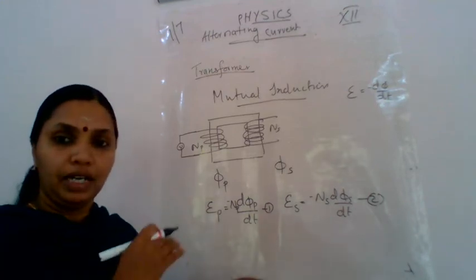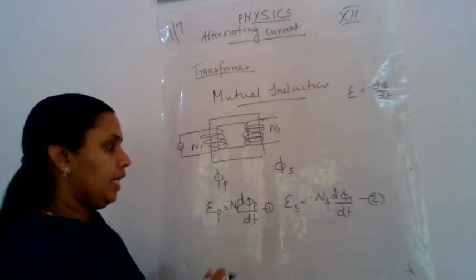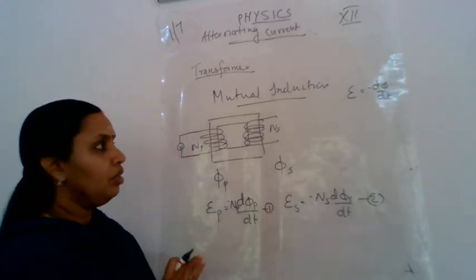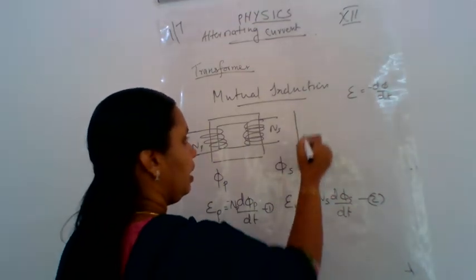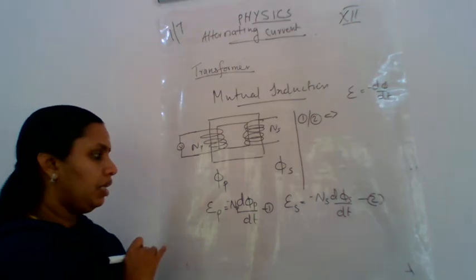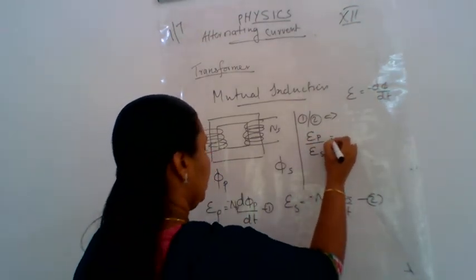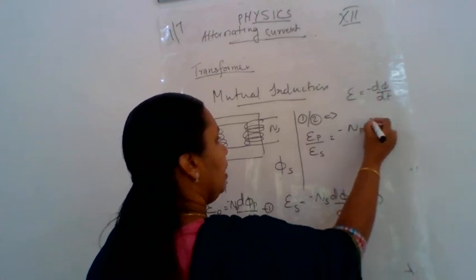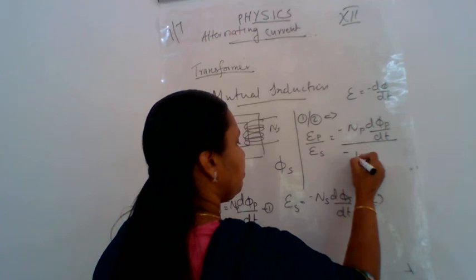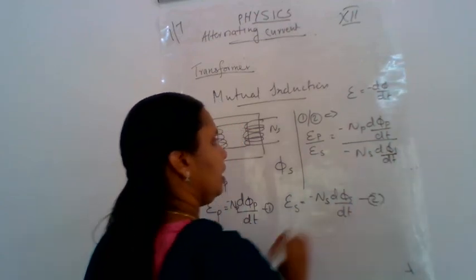I told you we are deriving on the basis of one assumption, that there is no flux leakage, so phi p and phi s are equal. We divide equation 1 by equation 2 and go for the ratio. EP divided by ES is equal to minus NP d phi p by dt divided by minus NS d phi s by dt.